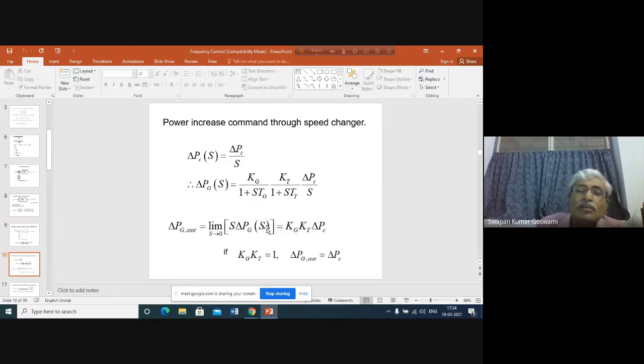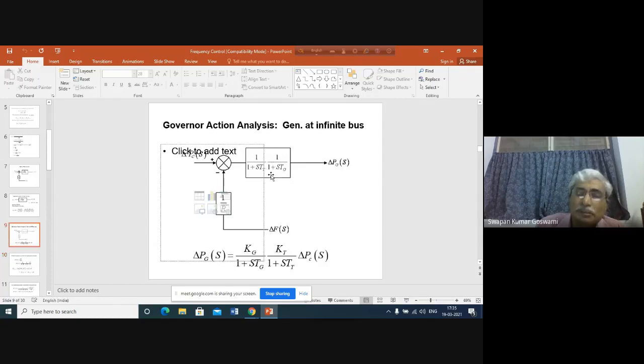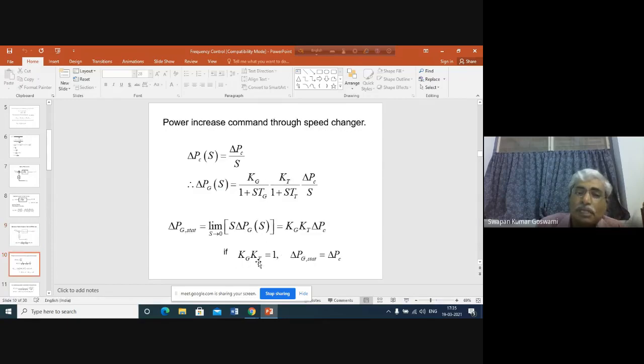That's why we have written it in this way. The product Kg Kt will be equal to 1 such that del Pg stat becomes equal to del Pc. So you have to set the Kg Kt product equal to 1.